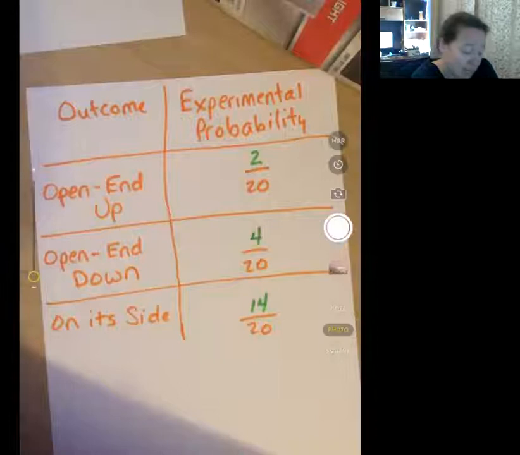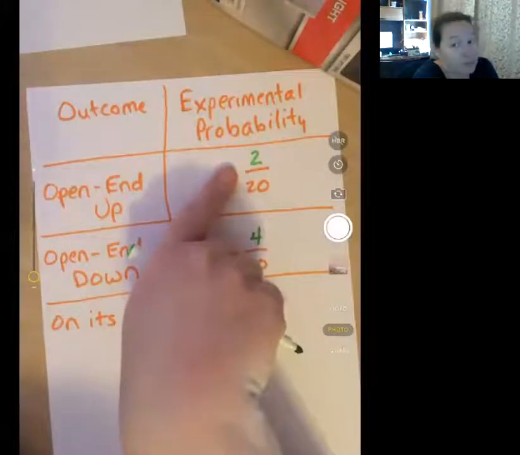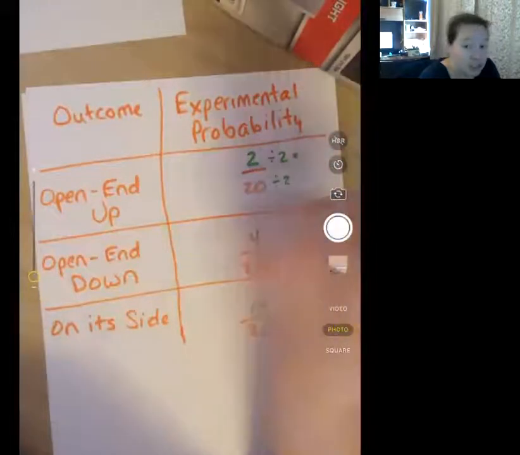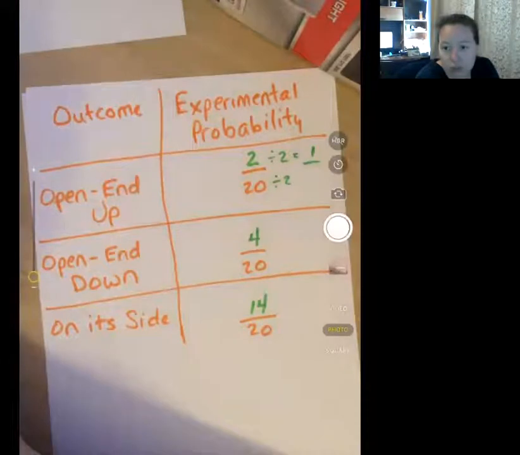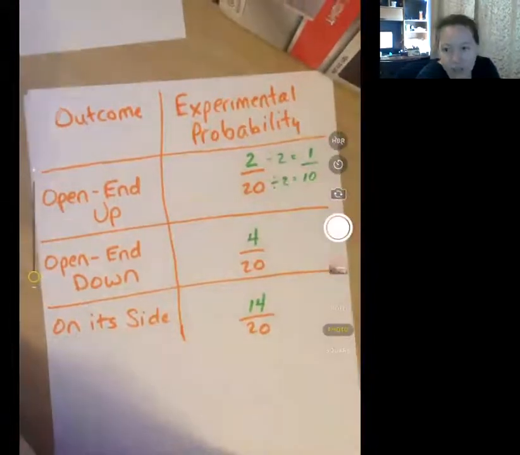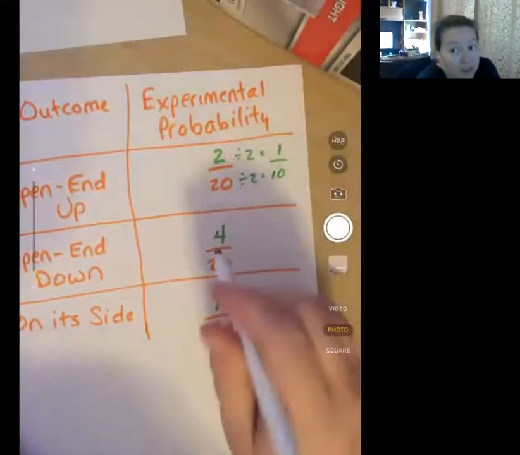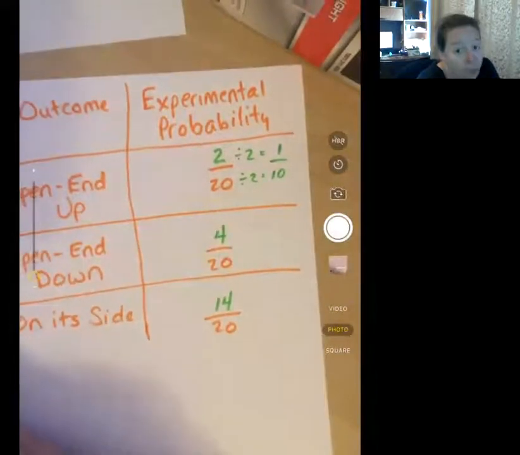All right, so I'm looking at this. 2 and 20, they're both even, so I can take a 2 out of that. 2 divided by 2 is 1 over 20 divided by 2, which is 10. And I can't go any lower. Down here, I could divide by 2 because 4 and 20 are both even numbers, so I could just divide by 2 again.